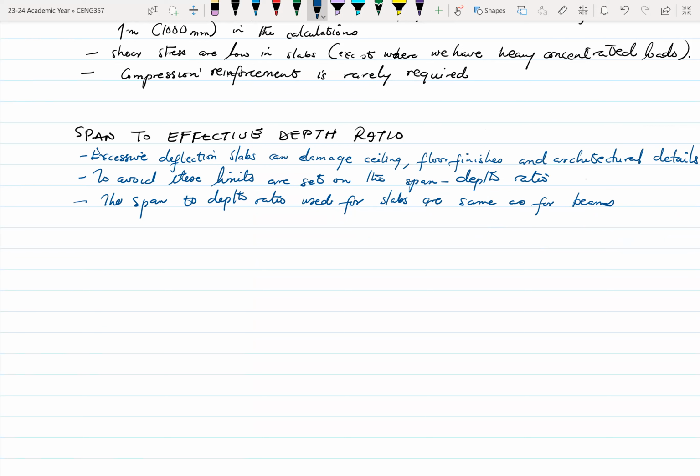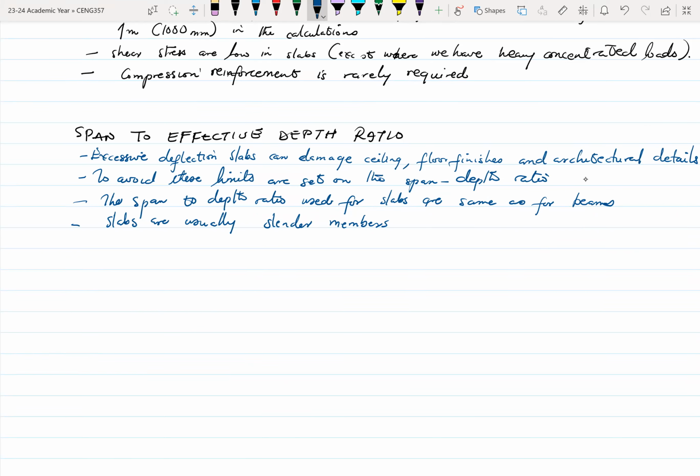One of the reasons why we are looking at all of this is that if you compare slabs to beams, slabs are typically what we usually call slender members, because of how thin they can be. Their thickness is not that high compared to beams.